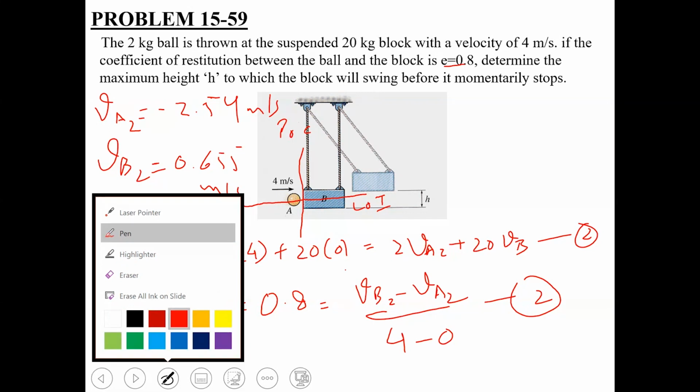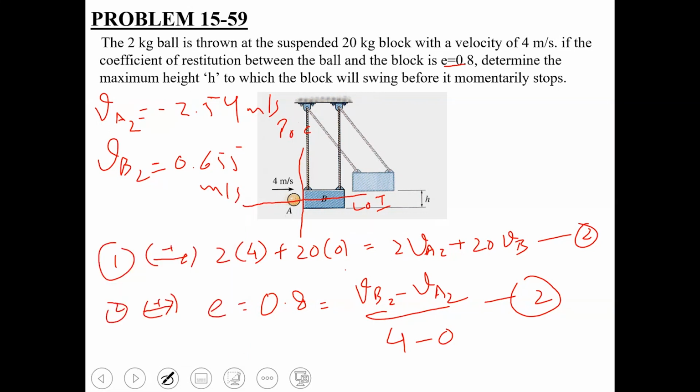The negative sign of VA2 represents that after the collision, block A is going to move towards the left, while the positive sign of VB2 represents that after the collision, block B is going to move towards the right with a velocity of 0.655 meters per second. So these are the two steps you will require for finding the magnitude of these final velocities.